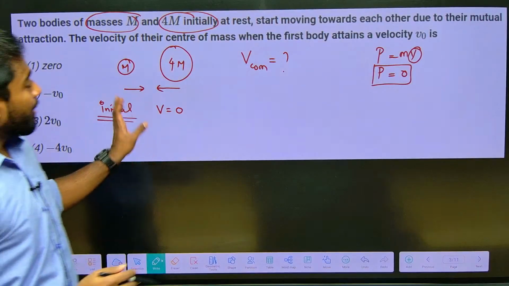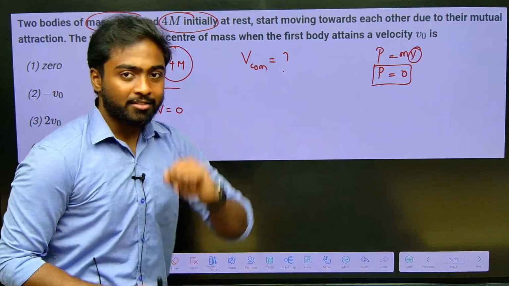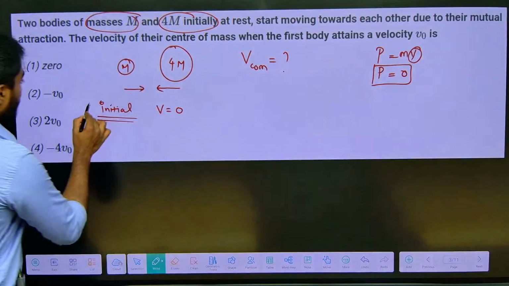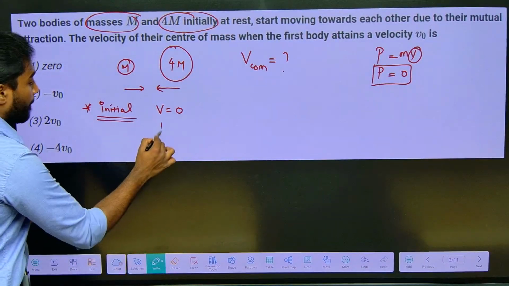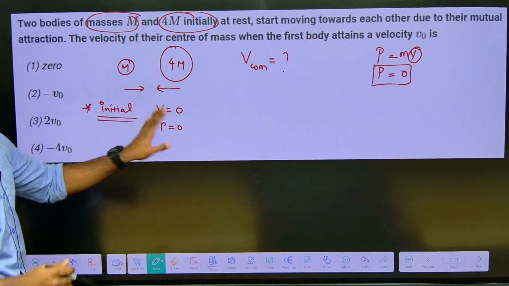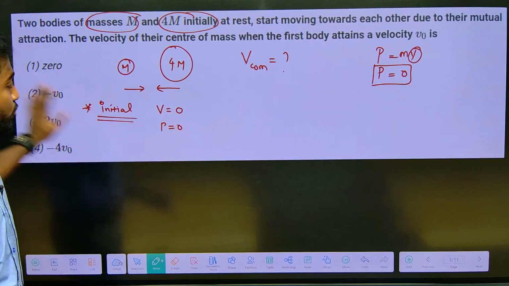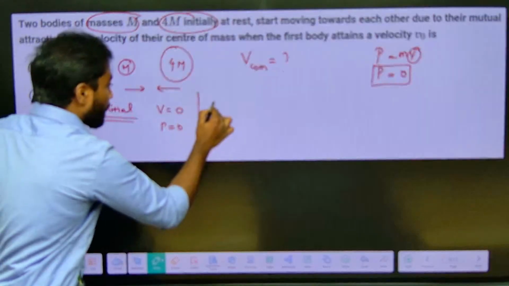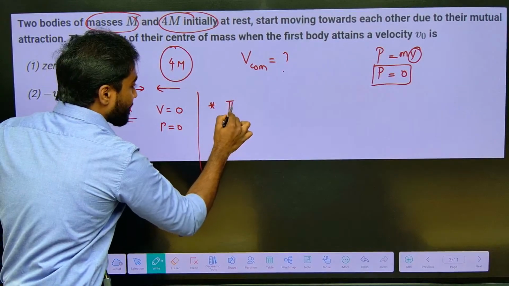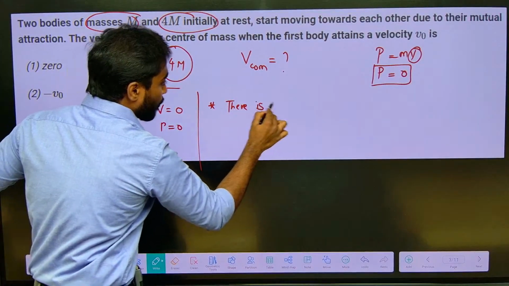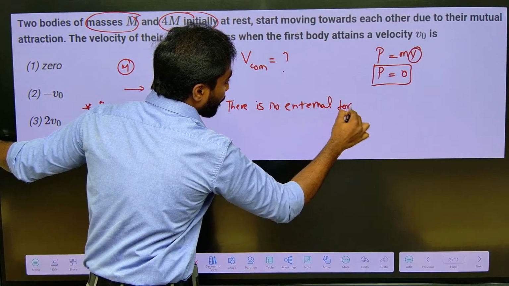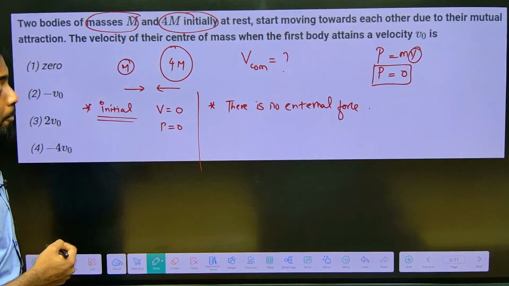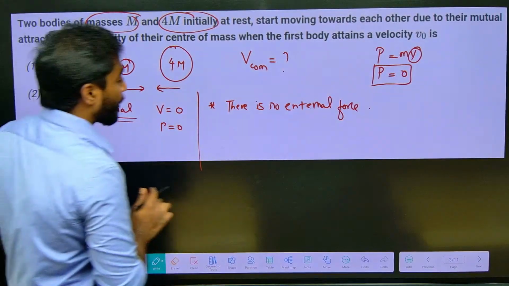And when they start moving towards each other, is there any external force acting? No. The first point: initial v is equal to 0, momentum p is also 0. Second point: there is no external force acting on the body, which means the object is going with a constant velocity.